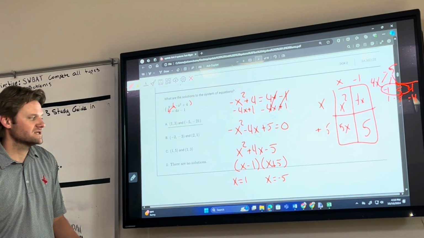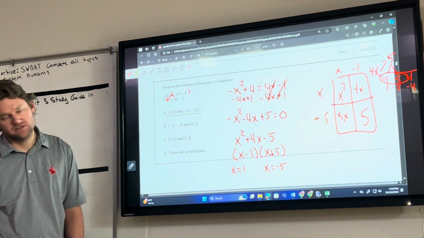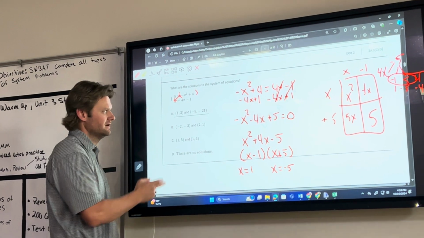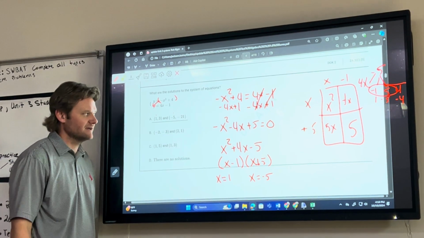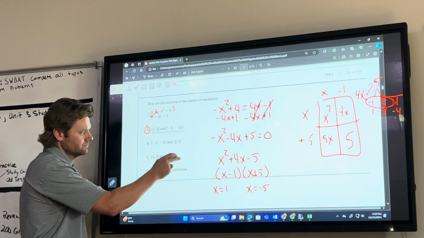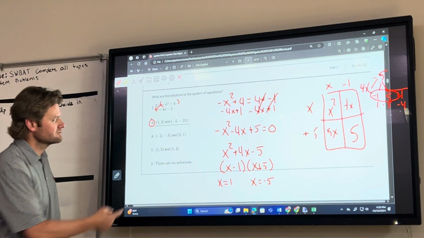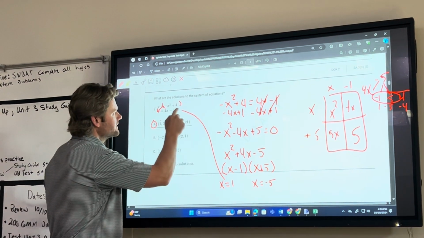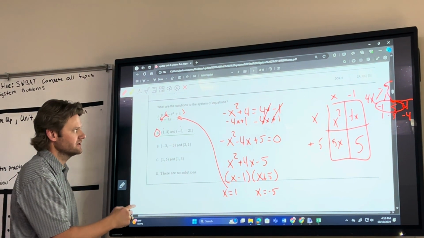Once I have my x values, yes, you can check to see which x values you have. Looks like the only one that has 1 and negative 5 is A, so I'm pretty likely going to choose that one. There is one that does have 1 though, so remember you can just plug these into your simple linear equation.